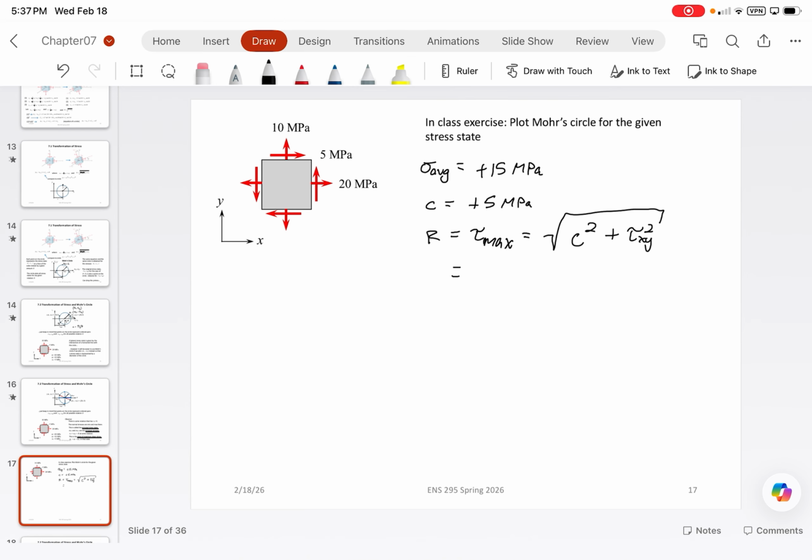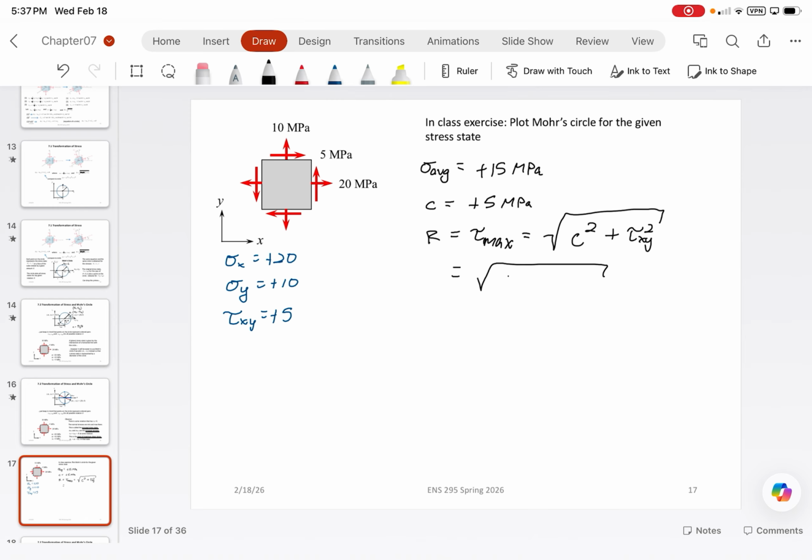All right, so c squared plus tau xy squared. We know c is just 5, so 5 squared is 25, plus tau xy is just 5 squared, because again, sigma x is equal to positive 20, sigma y is equal to positive 10, and tau xy is equal to positive 5.